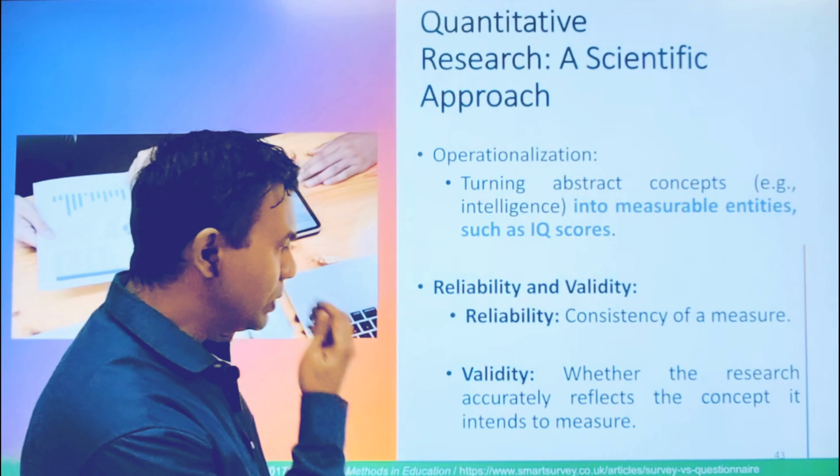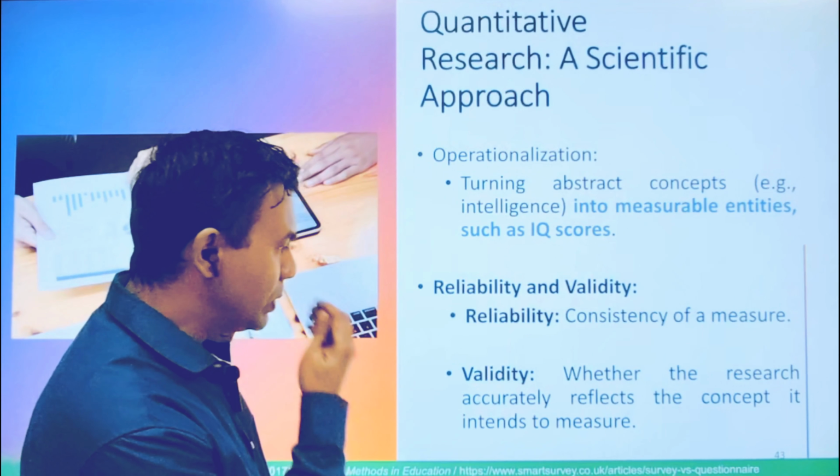It is generally more flexible than quantitative. Quantitative is a bit of a rigid method. On the other hand, qualitative is a flexible method. It is exploratory in nature, and it is context driven. It's more subjective, extracting the meaning out of them.